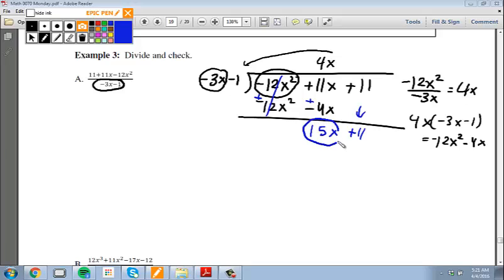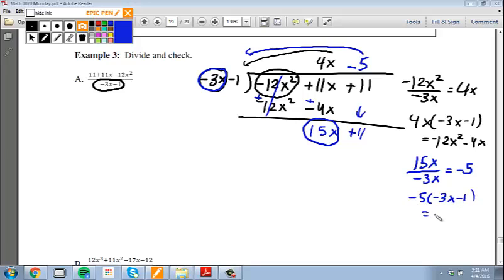Then I start at the beginning, 15x divided by negative 3x gives me negative 5. And then I distribute the negative 5 times the negative 3x minus 1, so I'm left with 15x plus 5.